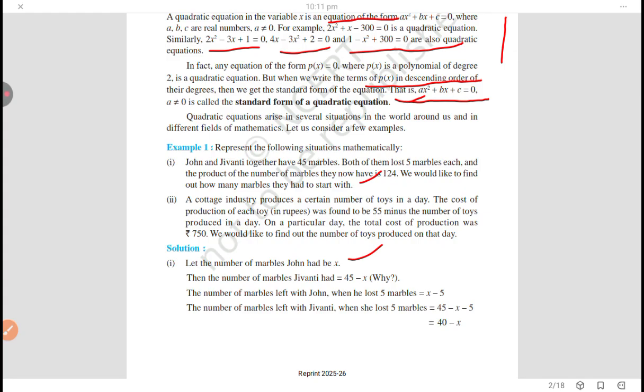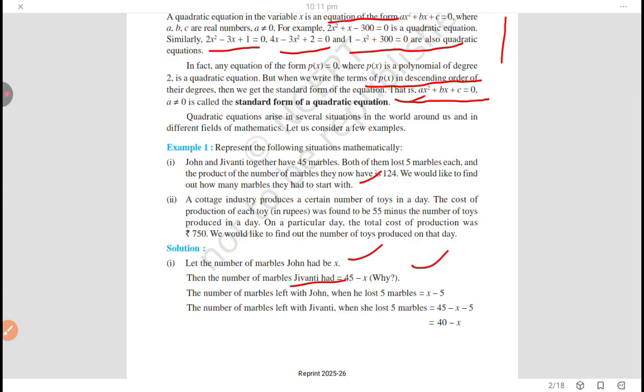We translate the sentences into algebraic form. Let us consider the marbles John had is x, and the total marbles they have together is 45. So the number of marbles Giovanni had is 45 minus x.